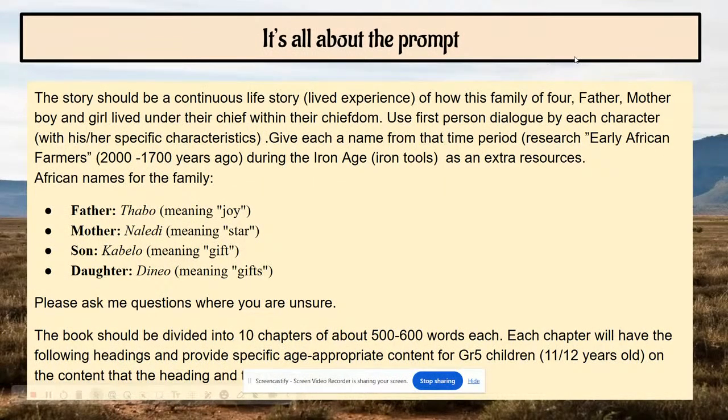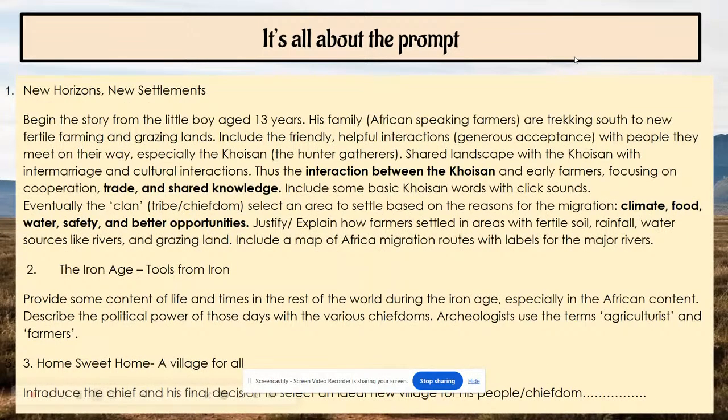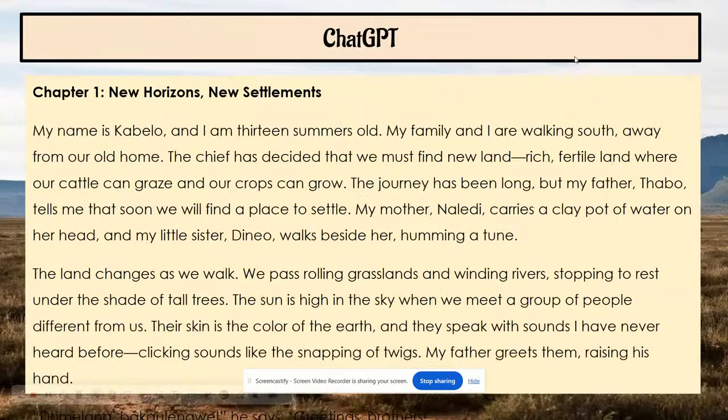I gave AI a prompt of 2.5 pages long, very specific instructions, even telling it what content I wanted in each chapter, because I also asked it to write 10 chapters with 600 words in each chapter. And I put it into ChatGPT, and a really nice story came out.